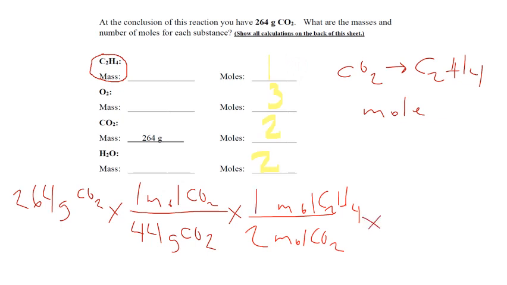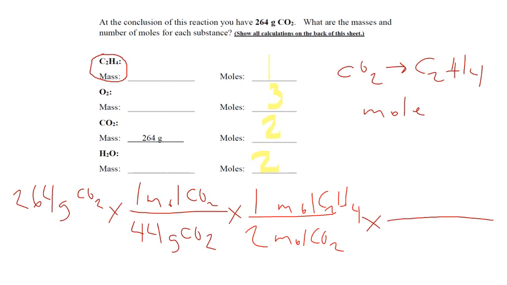Hey, now I'm in business because now that I got it to moles, the question is asking me, what's the mass? And I'll say, wait a minute, if you want to know mass, I can take that from moles to mass really easy.